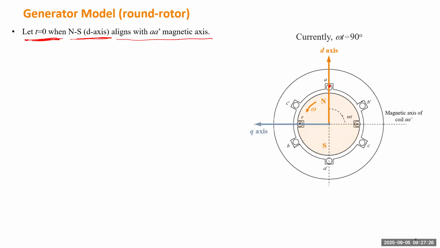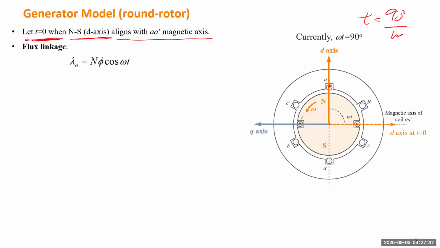For this moment, the angle becomes 90 degrees, which means t is 90 degrees divided by omega. This is the current time, and this is time 0.